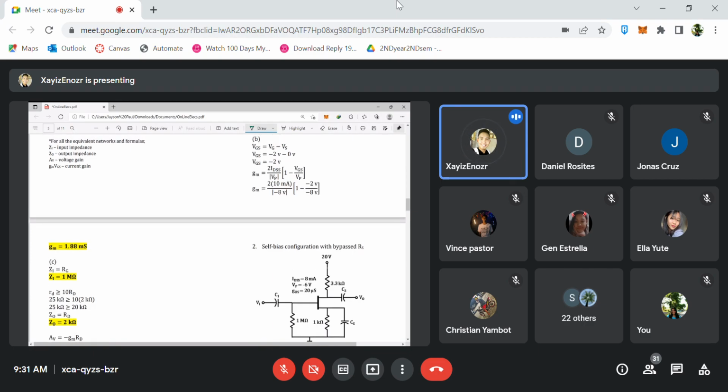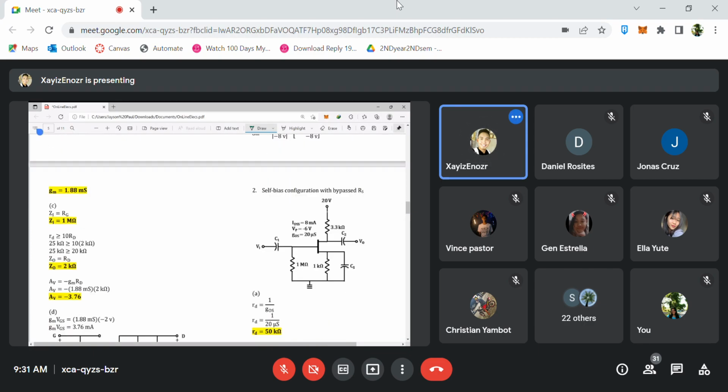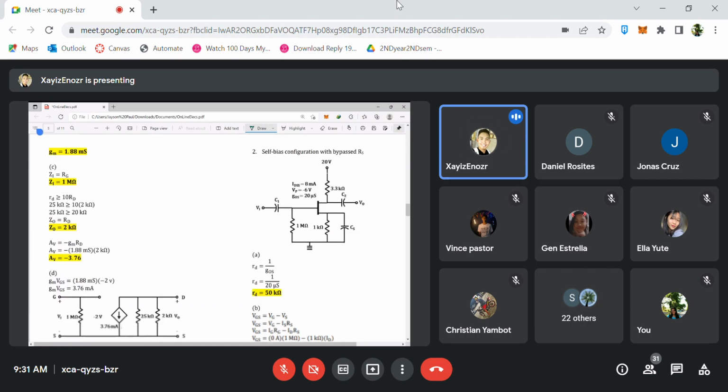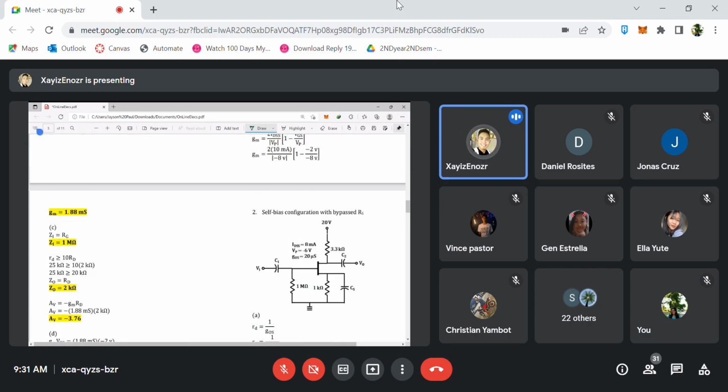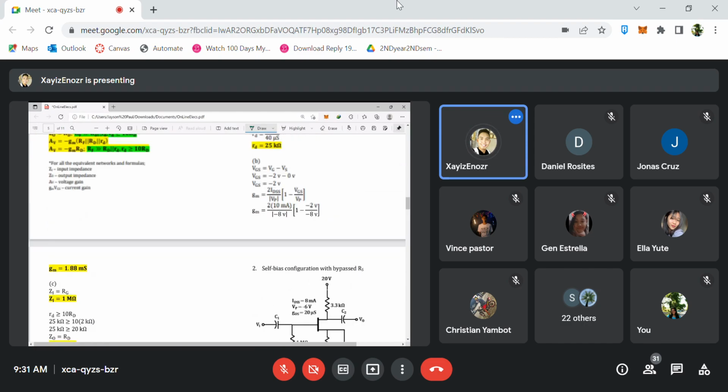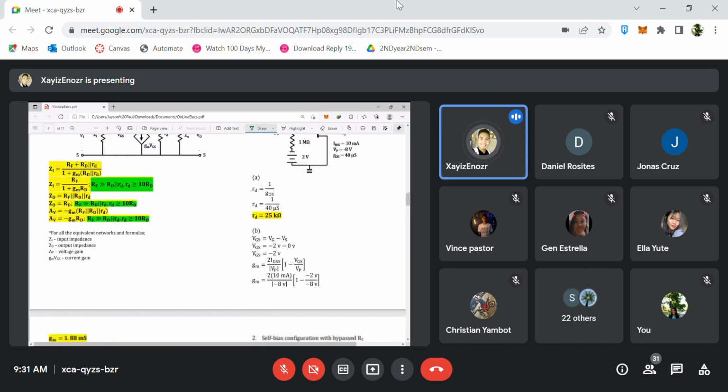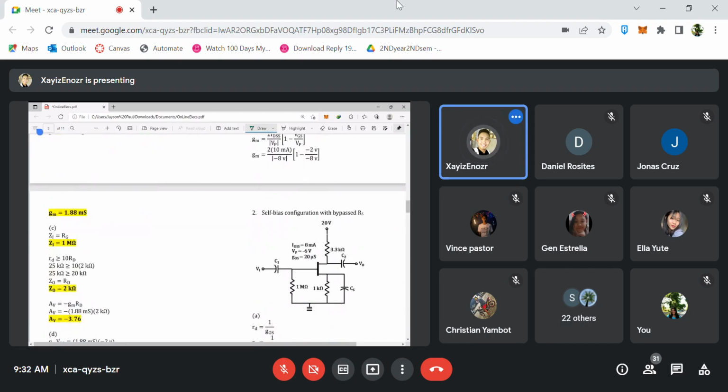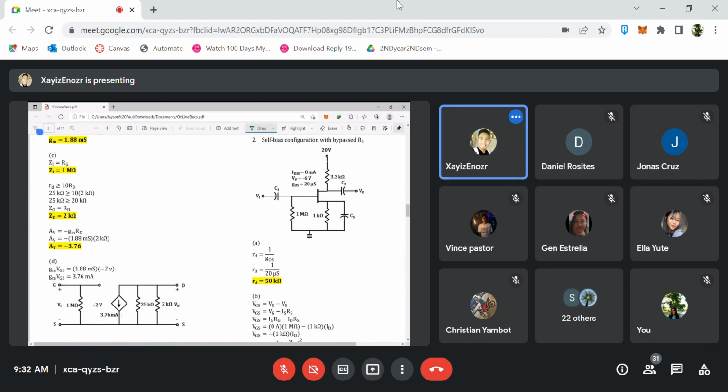millisiemens. Okay, ang input natin, Zin or input impedance is just simply equal to RG, which is, nasa circuit na yan is 1 mega ohm. So let's first determine kung ano yung Z out. So tignan natin yung relationship ng drain resistance and yung dynamic resistance.